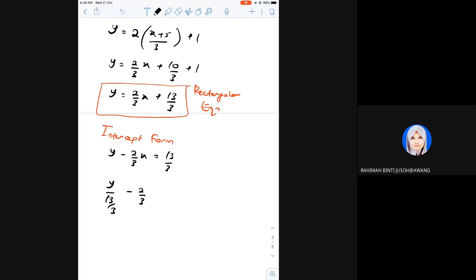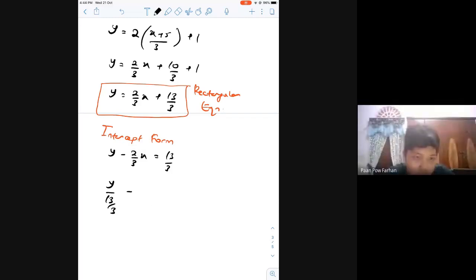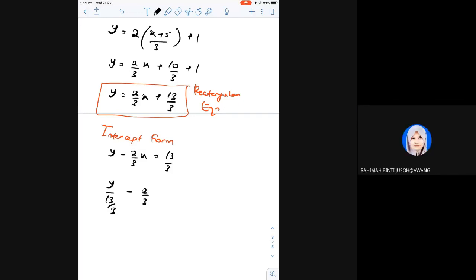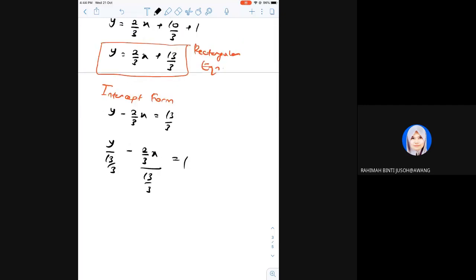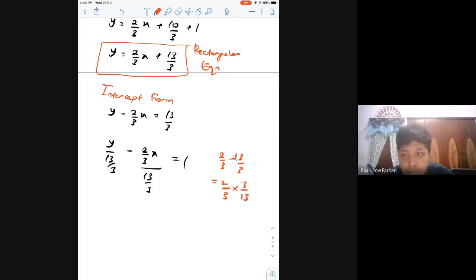Okay, step by step. 2 over 3 bahagi 13/3 equals 1 like this. So saya pakai marker pen merah ni, 2/3 you bahagikan dengan 13/3 is 2 over 3 multiplied by 3 over 13, right?